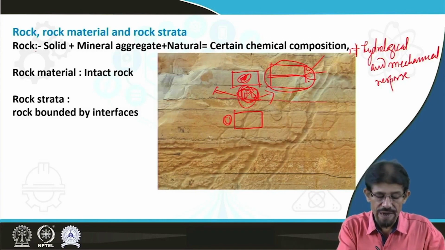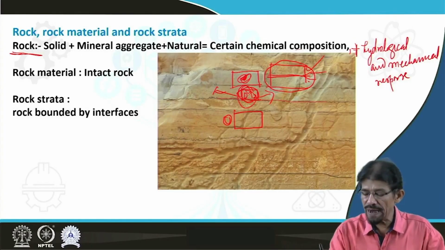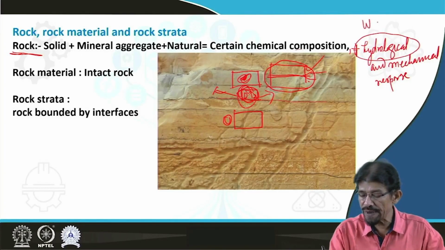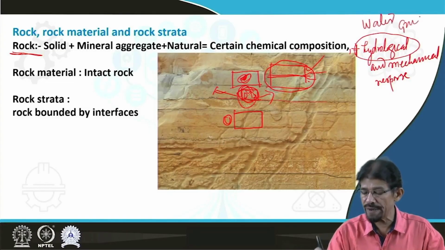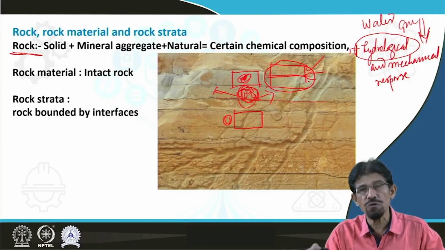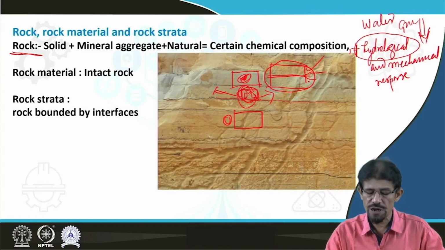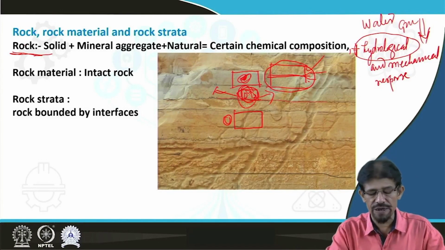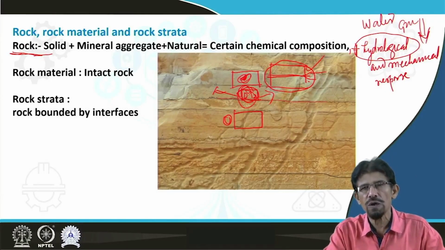Because when we utilize rock for engineering purposes, this rock is going to interact with water, either surface water or groundwater, and with the applied force in the form of load or stress, or any type of activity that changes the load condition, either by excavation or by construction, etc. So in a simple way we can say that rock is a naturally occurring mineral aggregate, solid in nature, possessing certain chemical, petrological, hydrological and mechanical attributes.